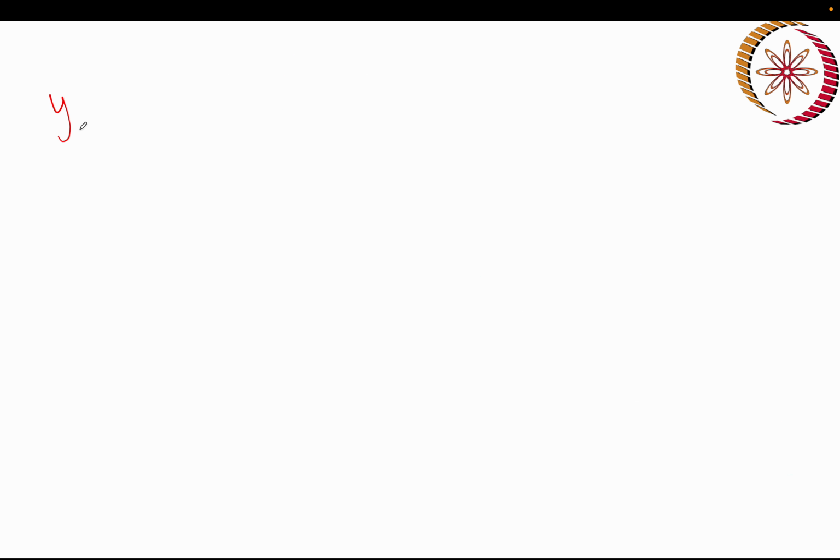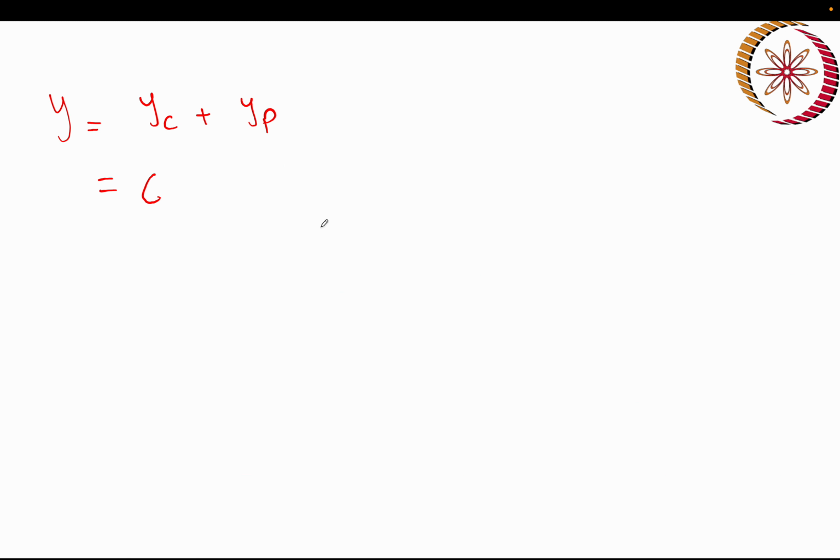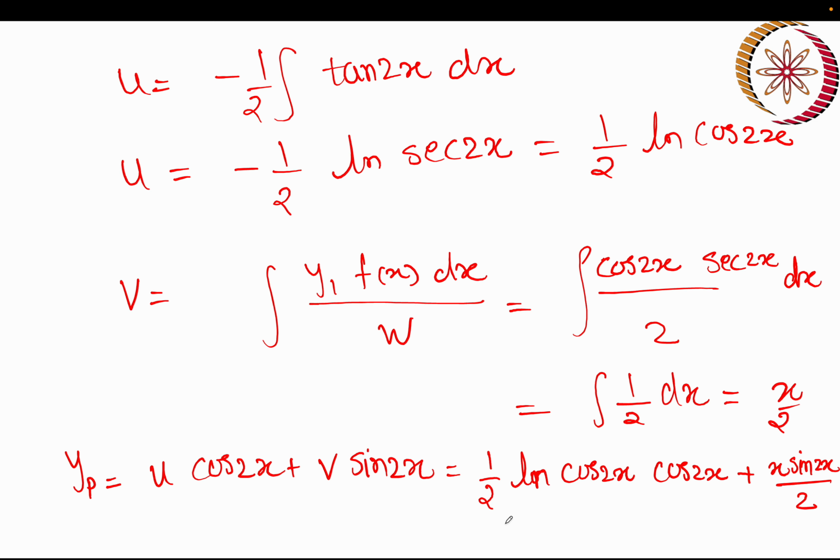So the total or general solution will be yc plus yp. We'll just write it out. This is the complementary, a cos 2x plus b sin 2x, and we'll write now the particular solution which we just determined.